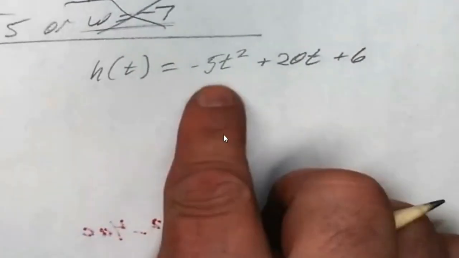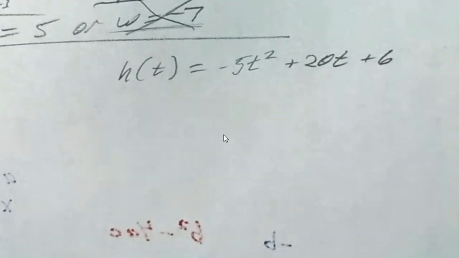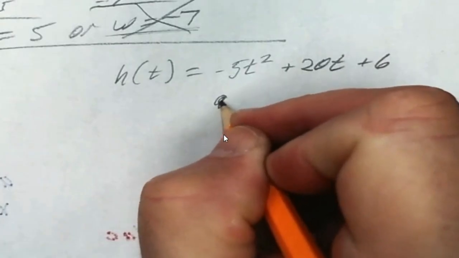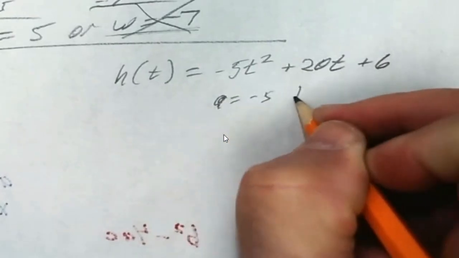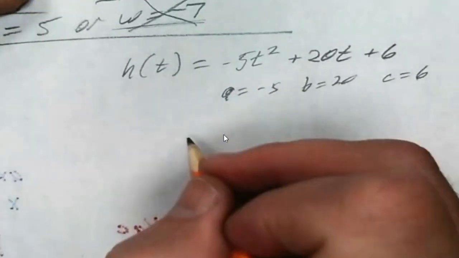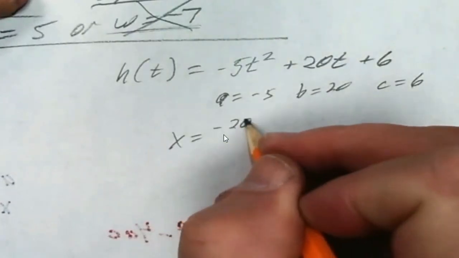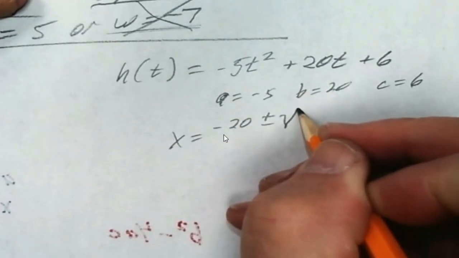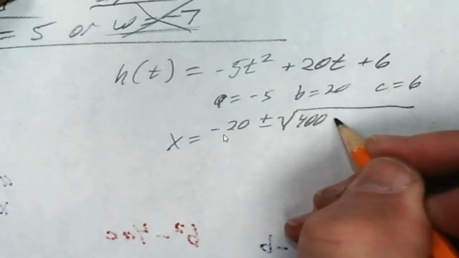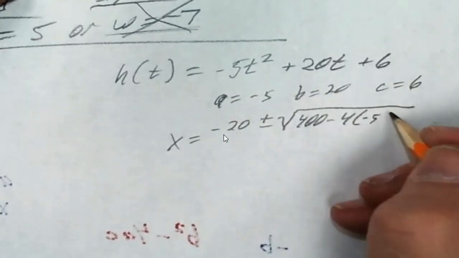So looking at this, it says use the quadratic formula to solve. That would be straightforward because a equals negative 5, b equals 20, c equals 6. So let's say x equals negative b, so negative 20, plus or minus the square root of 20 squared. 20 times 20 is 400. 4 times a is negative 5.